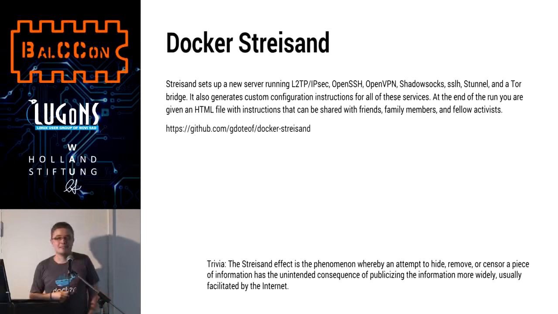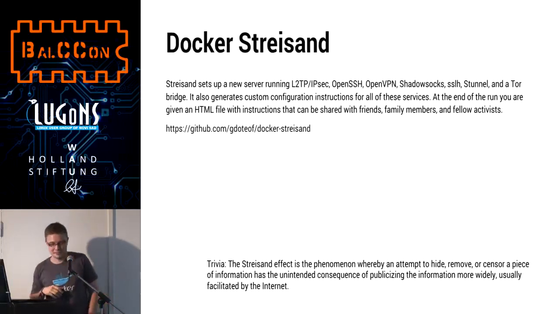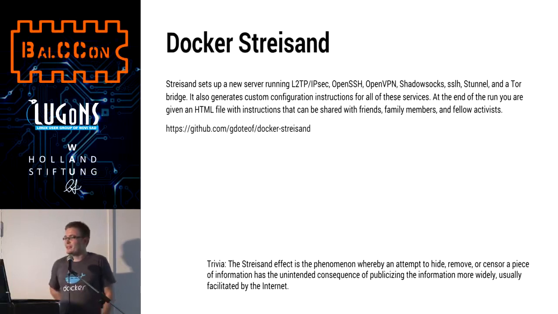The Docker Streisand. At the bottom there's a small trivia: what's a Streisand effect? There is a Streisand project which created Ansible playbooks that set up a whole server which runs IPsec, OpenSSH, OpenVPN, etc., a lot of security tools.